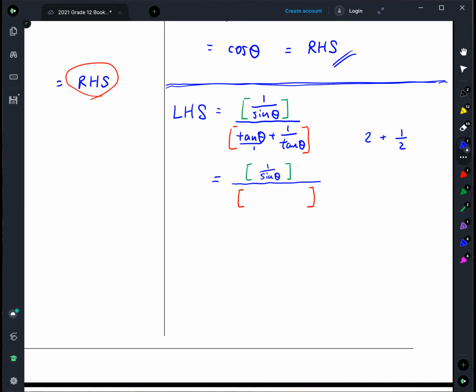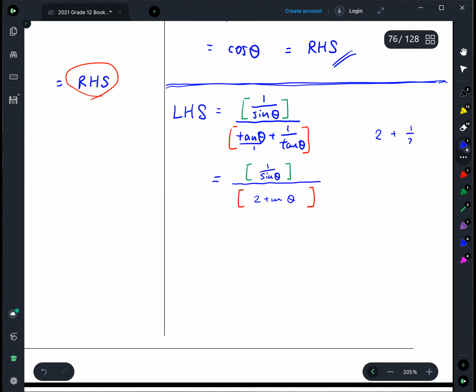How do you get a common denominator? How do you add them together? Same thing. So just 2 tangent theta? Like that? Okay, wait, one sec. My bad. Think about how you do 2 plus 1 over 2. How do you get a common denominator? How do you put it together?